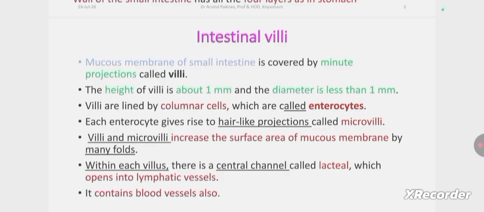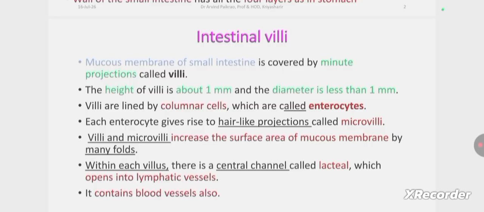Villi are lined by columnar cells, which are known as enterocytes. Enterocytes again have hair-like projections, which are known as microvilli. So villi and microvilli are the special features of this small intestine.